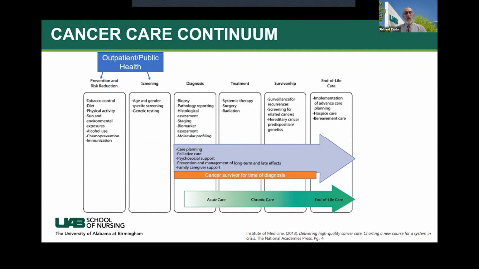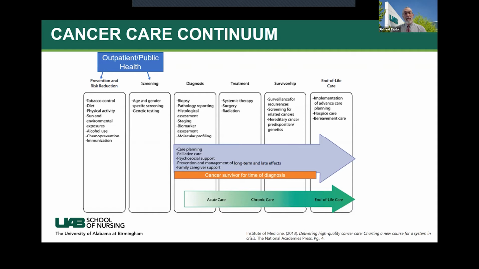And then you would move into more surveillance for recurrences or screening for related cancers that might occur from radiation therapy or chemotherapy-induced cancers, and then genetics again here. And then end of life and the implementation of advanced care planning. Obviously, we do not want to wait till this period here to really begin an advanced care planning discussion. That should really happen back here at the time of diagnosis.